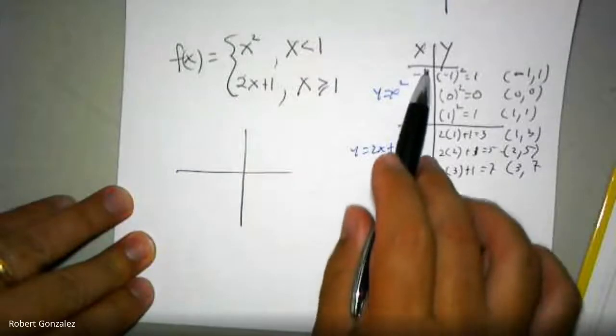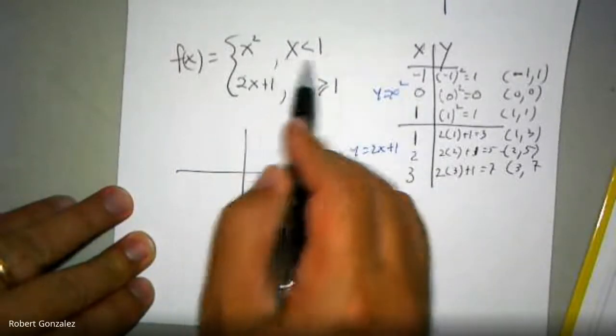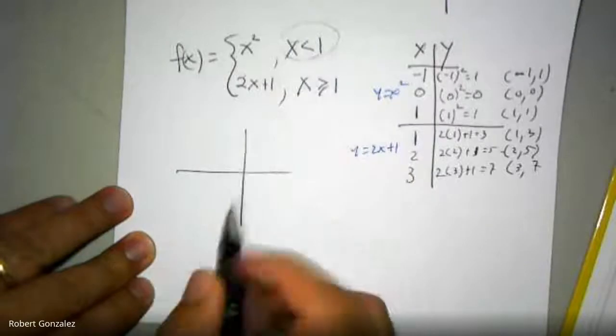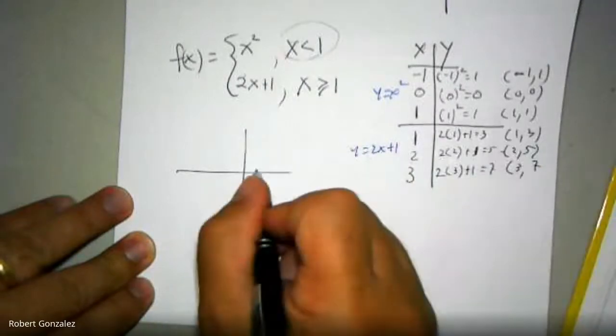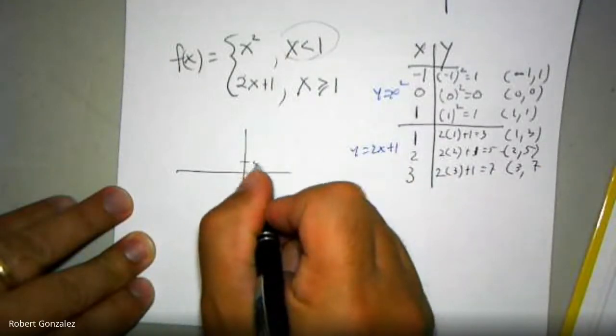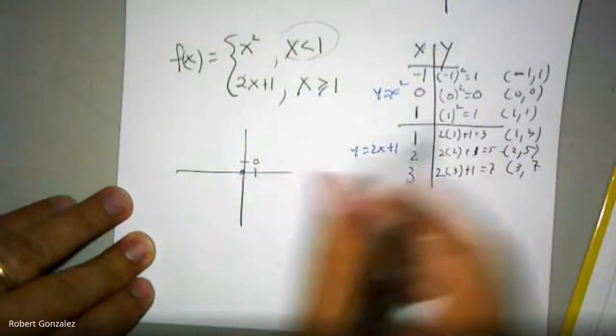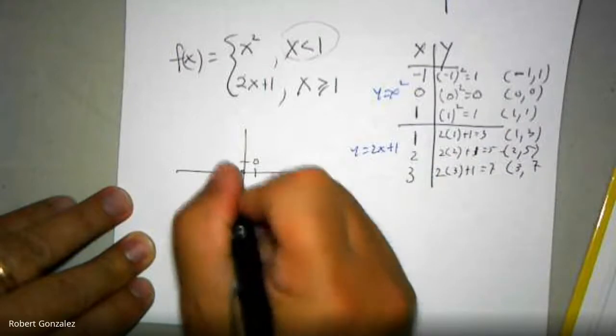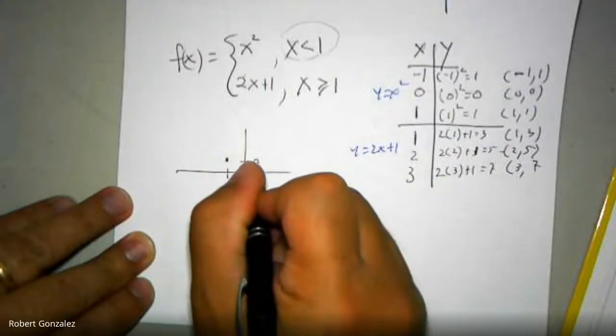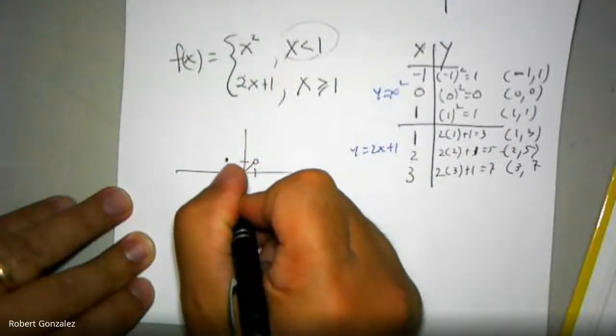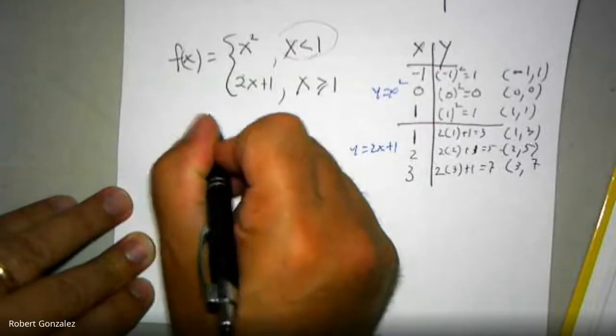I'm going to graph this part first, and I'm going to have an open circle at 1. So I've got 1, comma 1 with an open circle. I've got 0, 0 with a closed circle. I've got negative 1, 1 with the closed circle. And I can see here's my parabola on the left side of my breaking point.